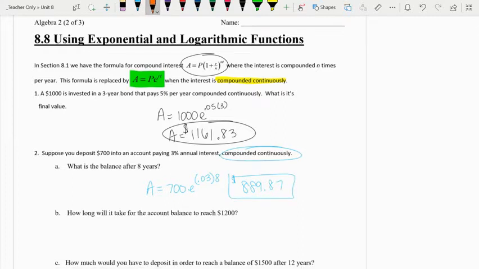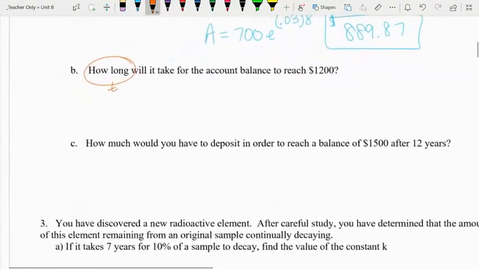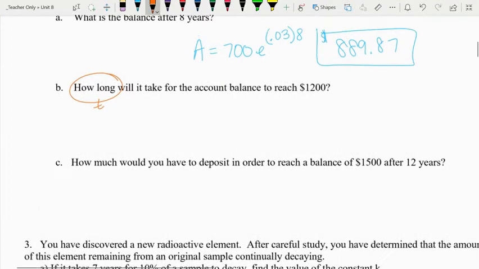Now it says, how long will it take for the account to reach 1,200? This means you're finding time, so we're finding t. This is where we're going to have to do some math and solve. So we have 1,200 equals 700 e to the 0.03t.